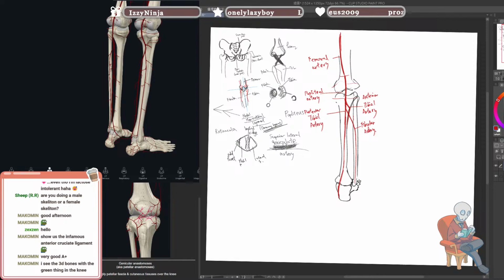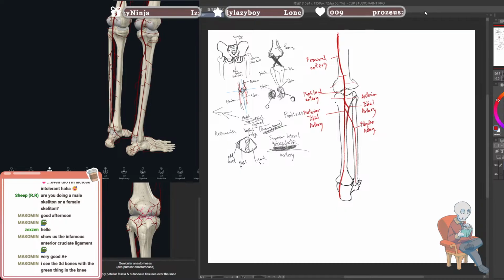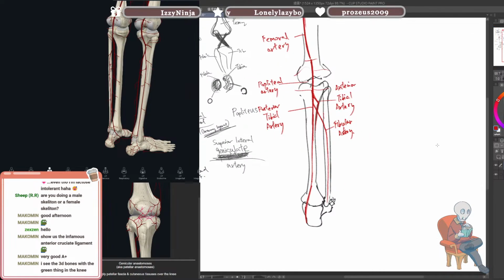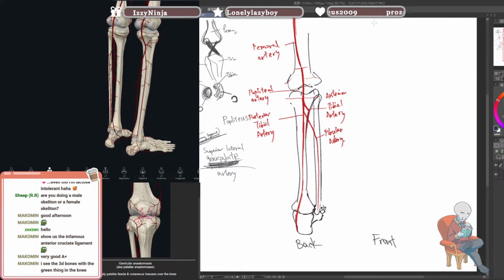It's rotated a little bit, isn't it? Okay. So this is sort of like the back. And now I'm drawing the front. So the front will be again like this. The femur.